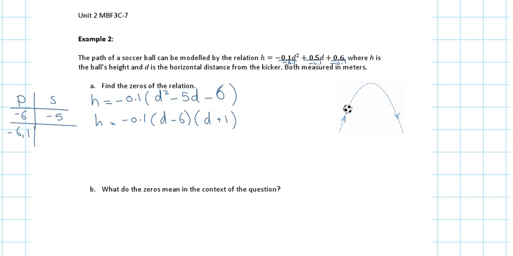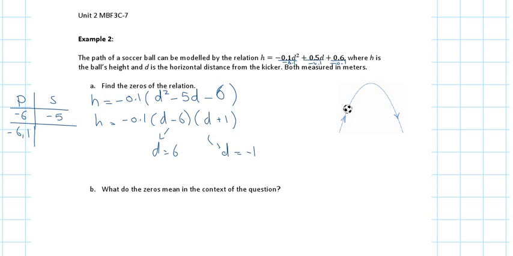So what are my zeros? 6 and negative 1. So the distance in this case is 6 and the distance of negative 1. Remember that d represents the horizontal distance, yes?